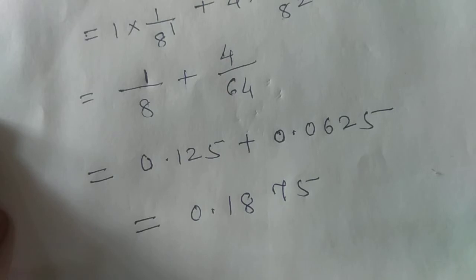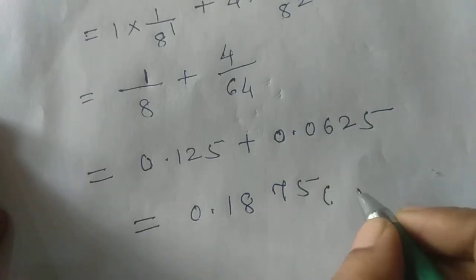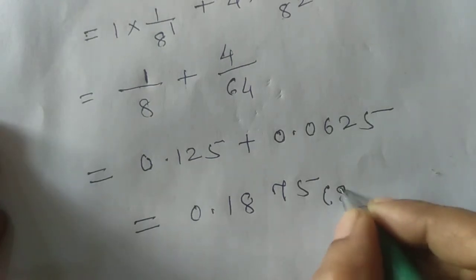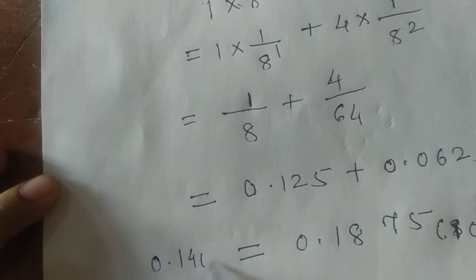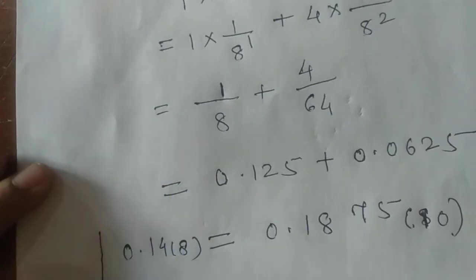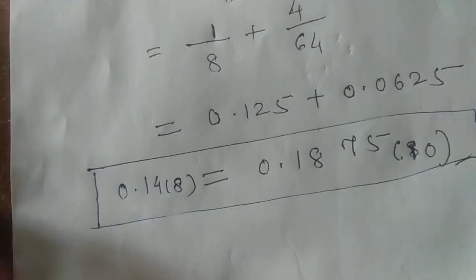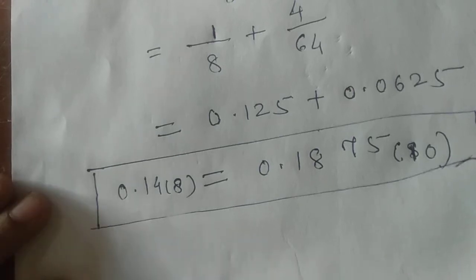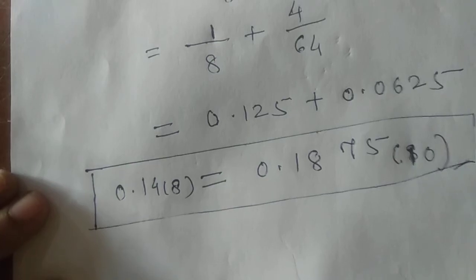What base do we have to write? The base will be 10. And the number was octal. So I will write the answer as 0.14 base 8 is equal to 0.1875 base 10, because the number we have got is in decimal form.